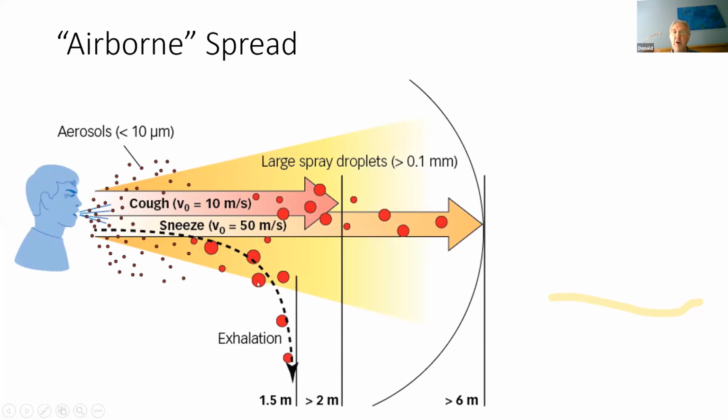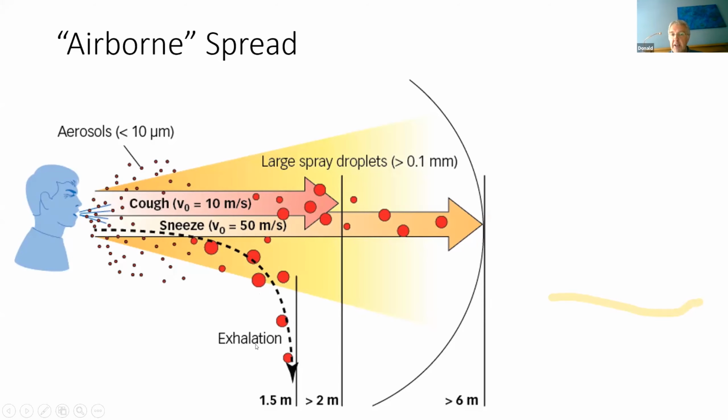So when you breathe out, or when you talk, or cough, or sneeze, you are putting out droplets of moisture, and inside these droplets, you will have whatever is in your throat, or in your nose, or in your mouth. If you have SARS-2, then this will be inside the droplet. So these red ones are large droplets of water, moisture.